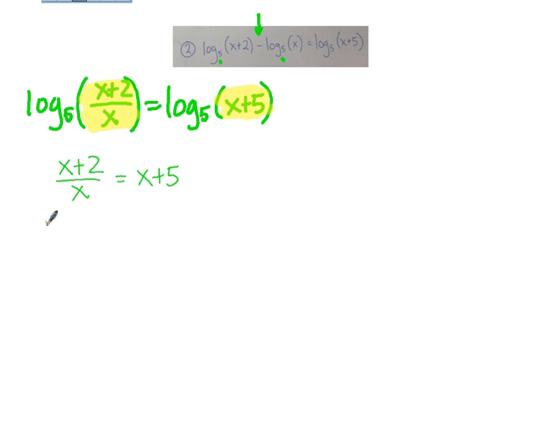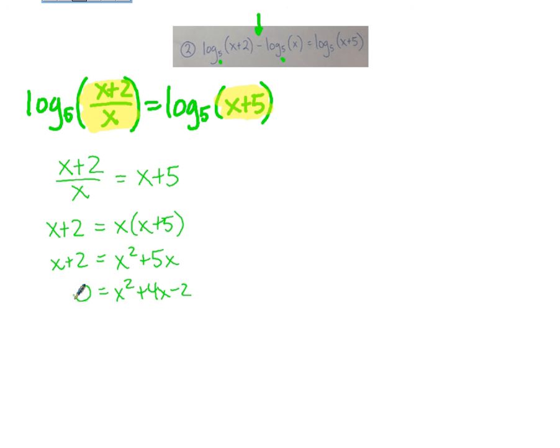Now we just have a slightly easier equation to solve. We multiply both sides by x, so we have x times (x plus 5), and that gives us x squared plus 5x equals x plus 2, and then x squared plus 4x minus 2 equals 0.